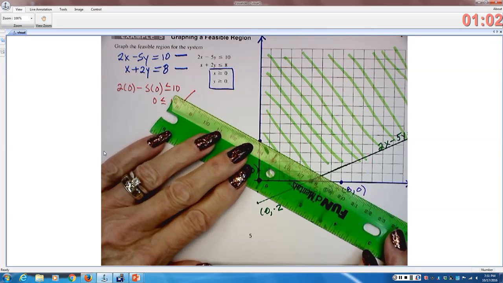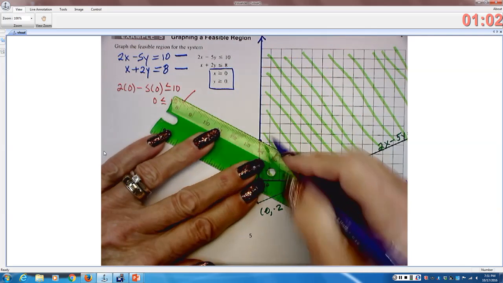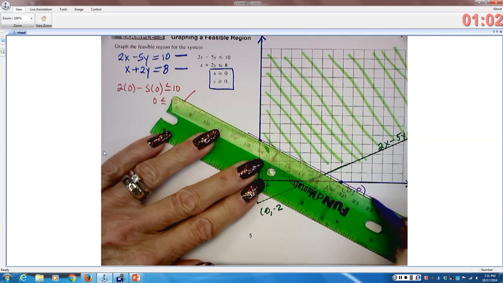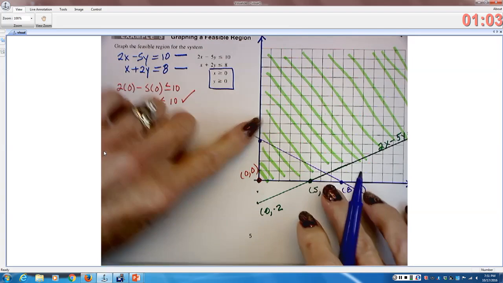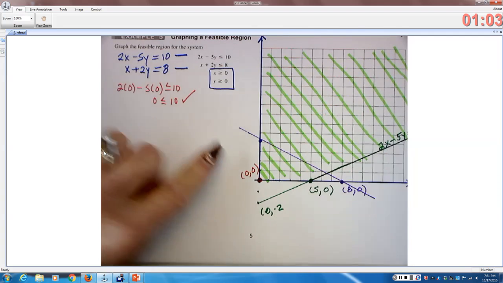That would be this line. And the line does go on, but I don't care about anything except the part that's within this quadrant.